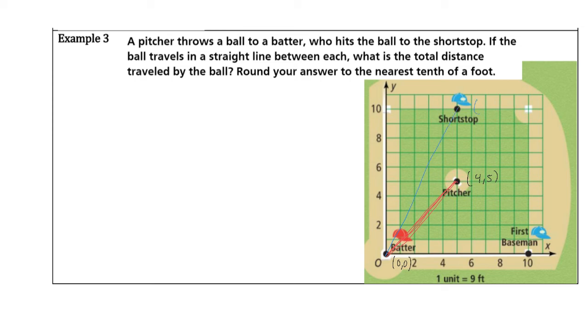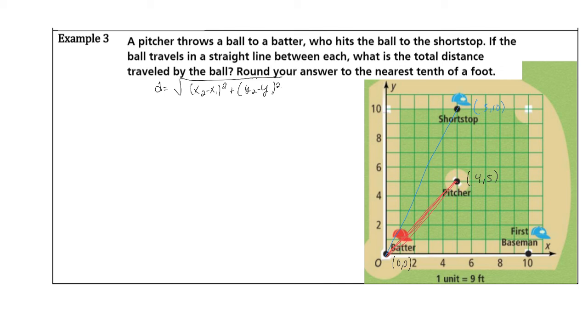Our shortstop is at 5, 10, and our batter again is at 0, 0. So we'll find the distance from pitcher to batter and then add it to the distance from batter to shortstop. Remember our distance formula is equal to the square root of x2 minus x1 squared plus y2 minus y1 squared.